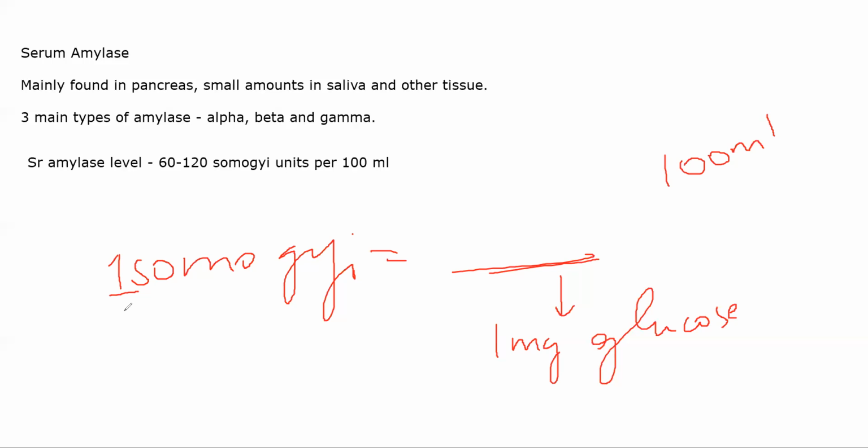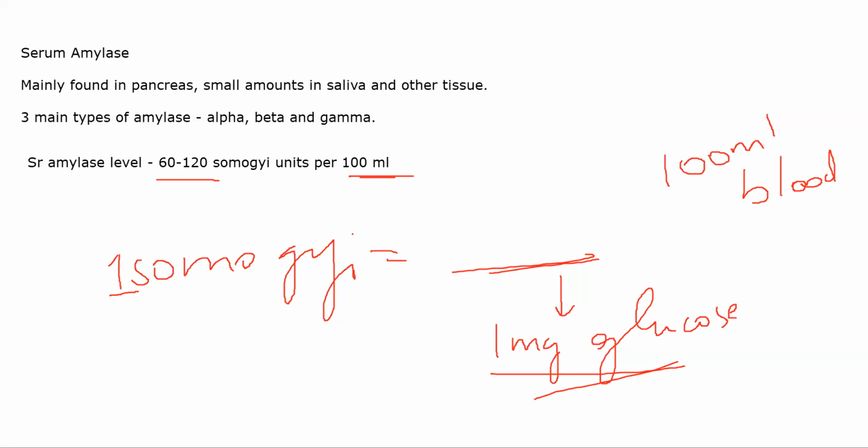You take a standard starch solution, and under defined conditions, measure how much amylase is required to convert that standard amount of starch into glucose in 100 ml of blood. Okay. So normally in every 100 ml of your blood, there are around 60 to 120 Somogyi units of serum amylase. Now, in certain conditions serum amylase will increase, and in certain conditions it will decrease.